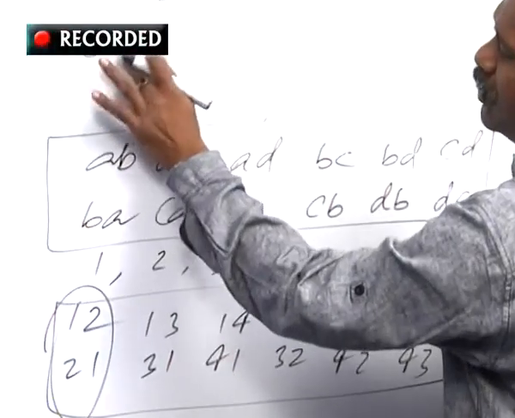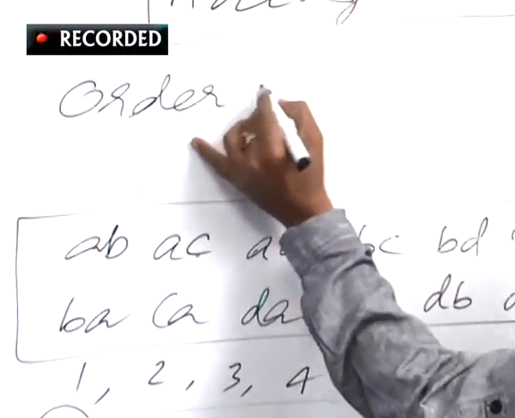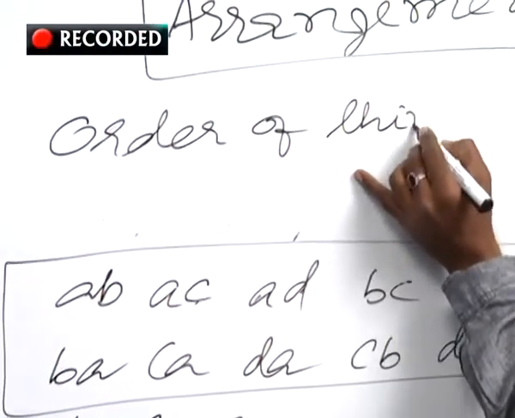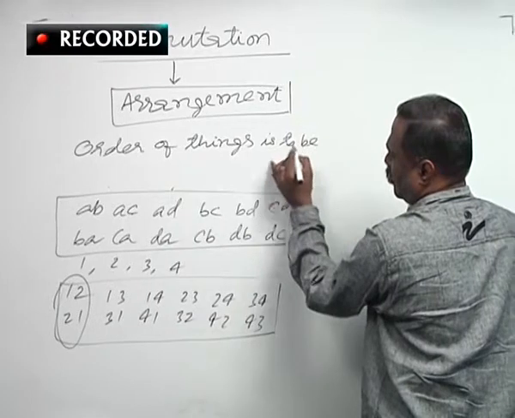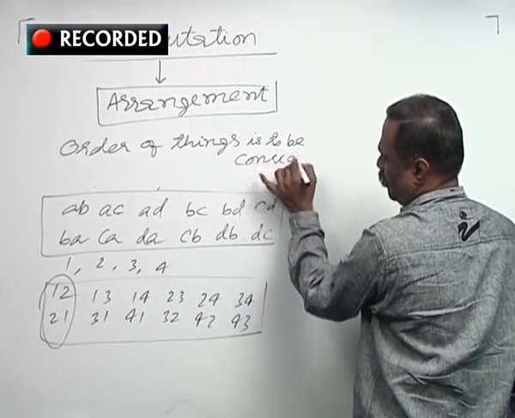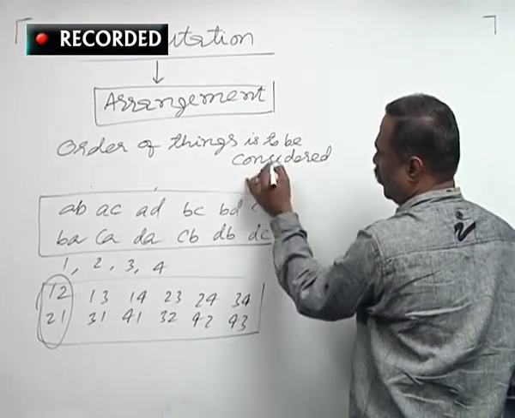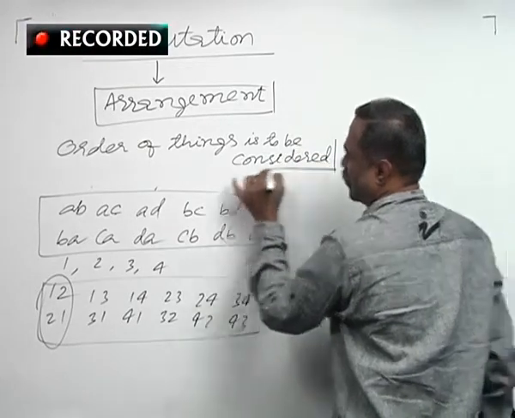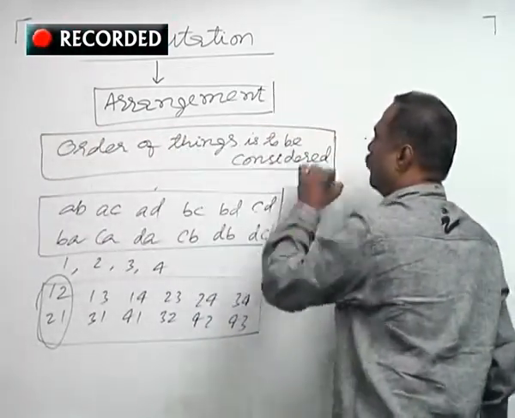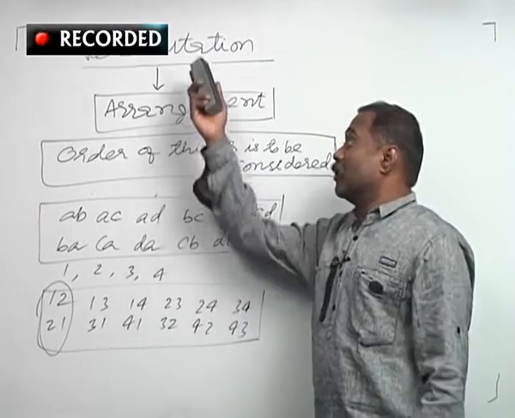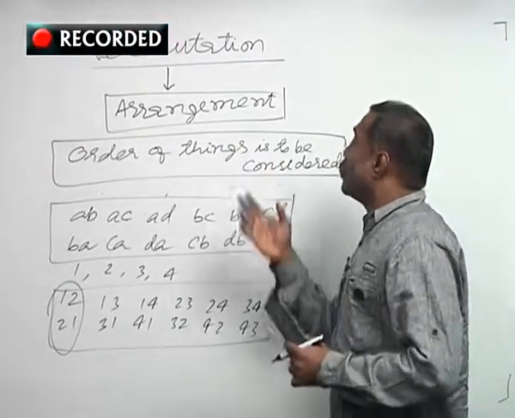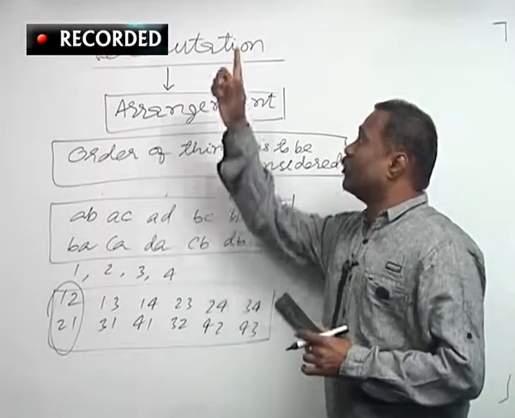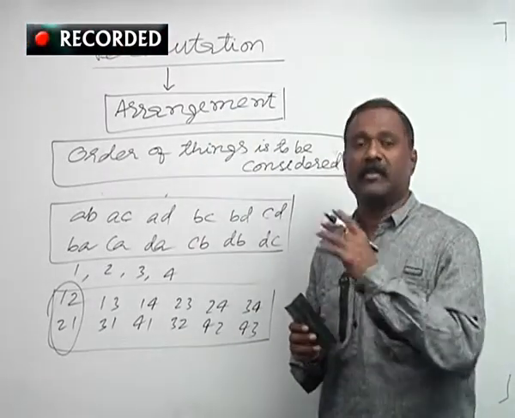The important thing to be noted in a permutation is that the order of things is to be considered. Should not forget it. Very important point, because later in the combination we will see the difference between a permutation and a combination based on this only. So wherever the order of things is to be considered, there you have to apply a permutation.